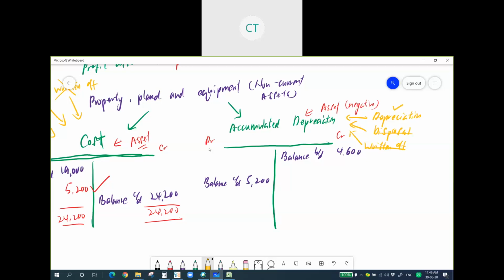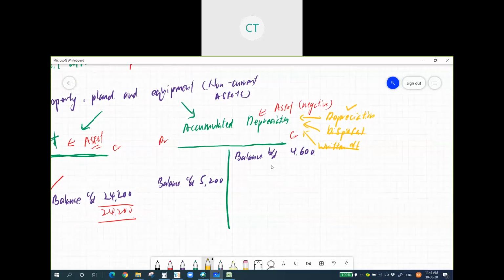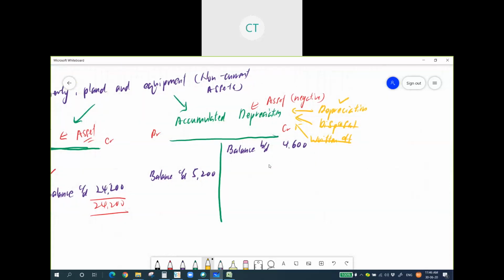So what is the double entry for depreciation? The double entry for depreciation is debit depreciation account and then credit accumulated depreciation account. So meaning that in the accumulated depreciation account, the depreciation will appear at the credit side. What is the amount of the depreciation?